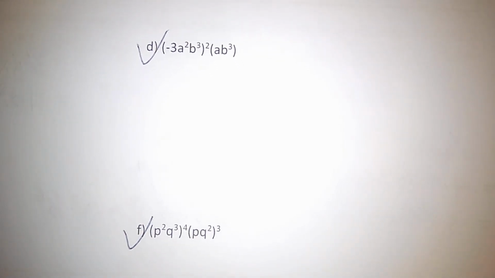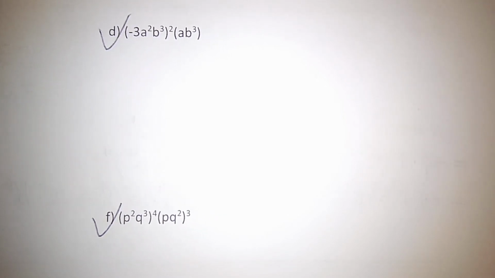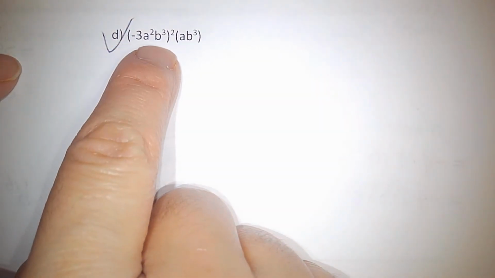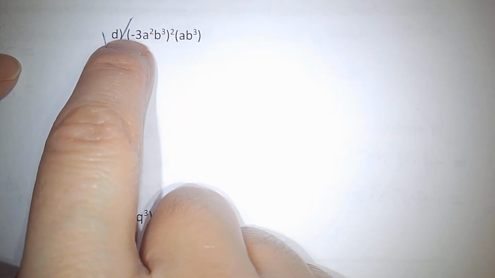Let's do D and F. D. Think about it. Square. What should we do at first? Distribute the square to each of the factors inside of the parentheses, right? You guys agree with me, right?